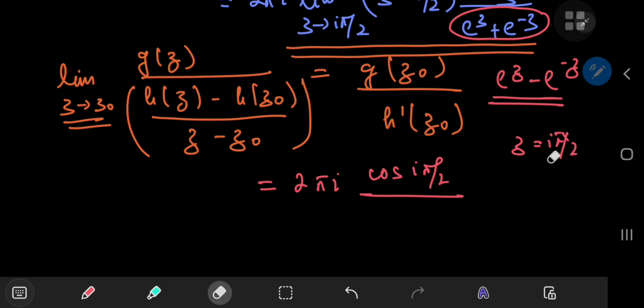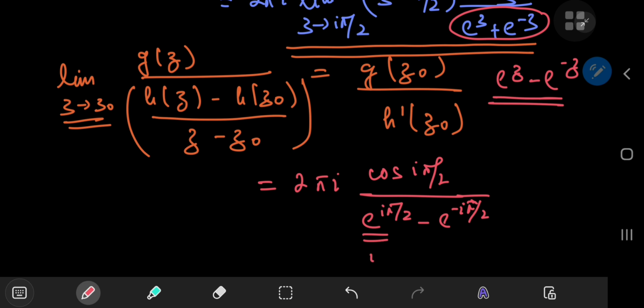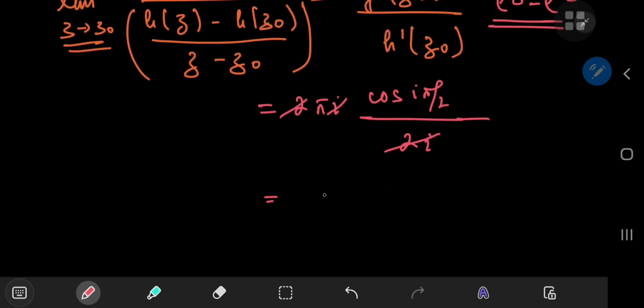So you have e to the i pi by 2 minus e to the negative i pi by 2. Now e to the i pi by 2 is i, and e to the negative i pi by 2 is negative i. So you have i minus negative i, which checks out to being 2 times i. And the 2i cancels out, and this was awesome.